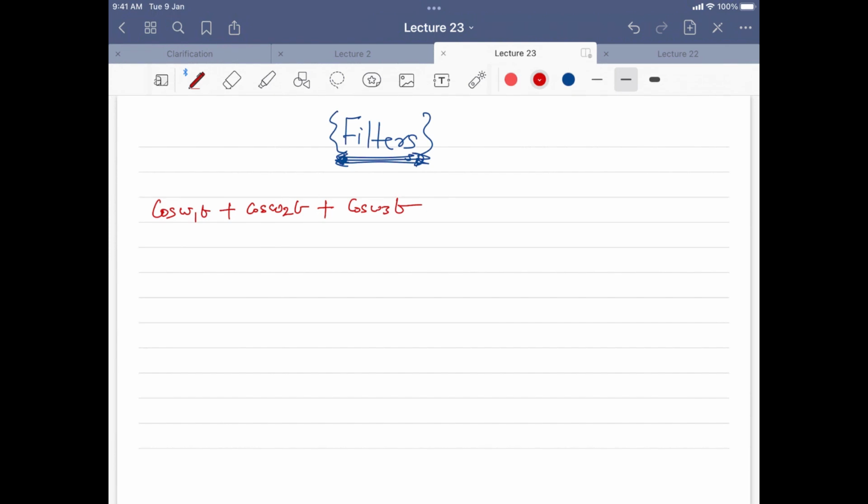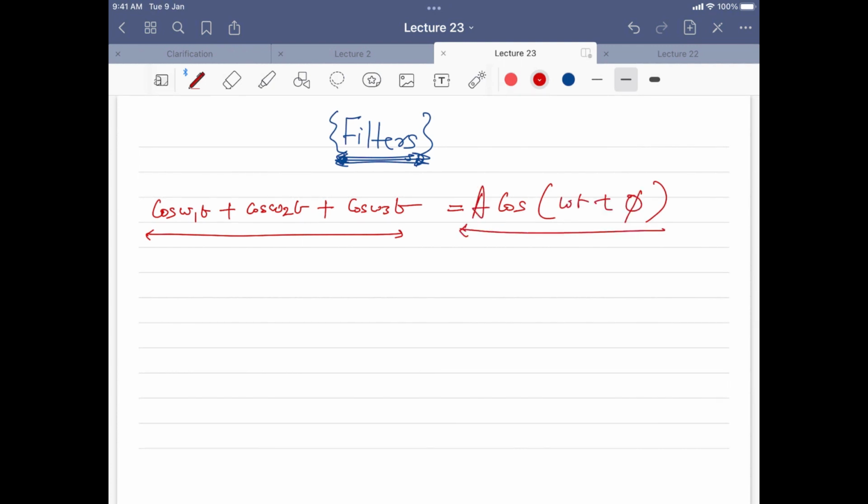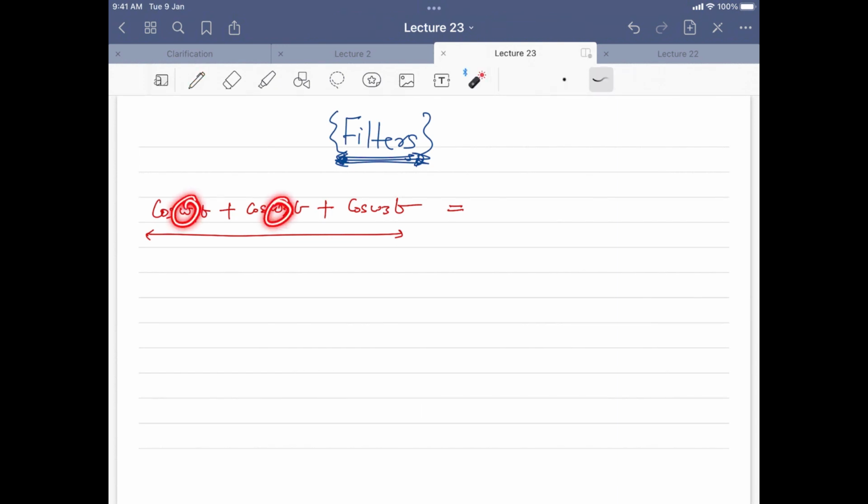Once you sum them up, if you write a single cos function of this summation, it would have omega t plus phi, some expression. But it will not be possible to combine them into a single function, because you have different frequencies here: omega 1, omega 2, omega 3.